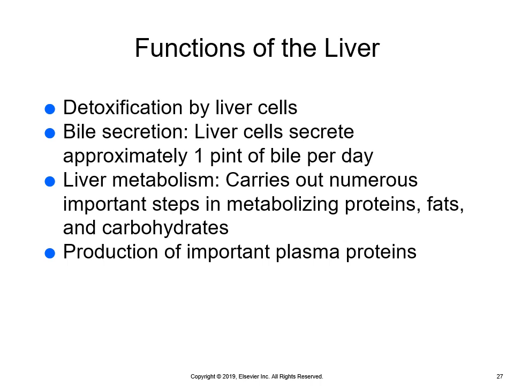All right, the last bullet point here, production of plasma proteins. The liver does also synthesize blood proteins, specifically albumin, which helps maintain our blood pressure and our fluid balance, and also some of the clotting factors that are essential for us to be able to form blood clots, so things that are essential for blood coagulation.